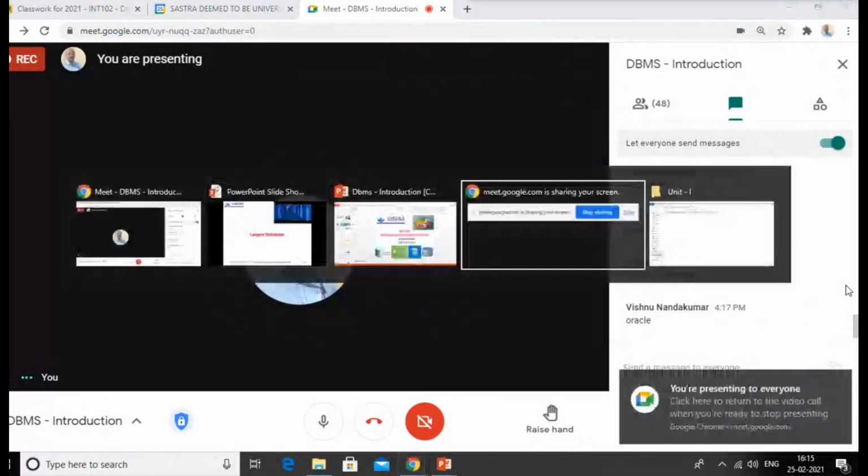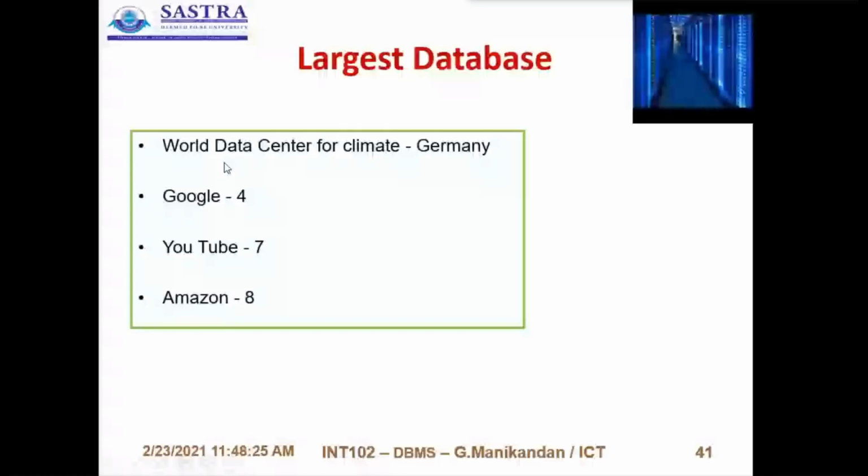Actually, the largest database is the database maintained by the World Data Center for Climate in Germany. The database maintained by Google comes in 4th place, the YouTube database is 7th, and the Amazon database is only 8th.